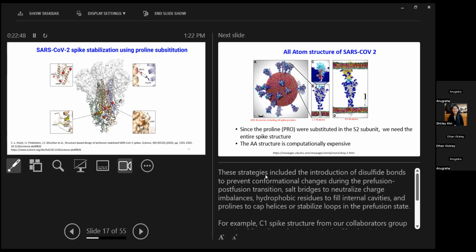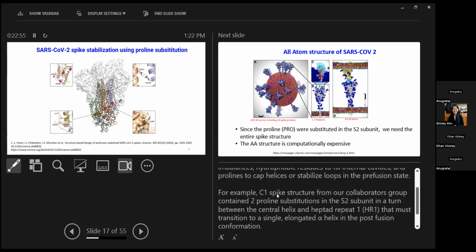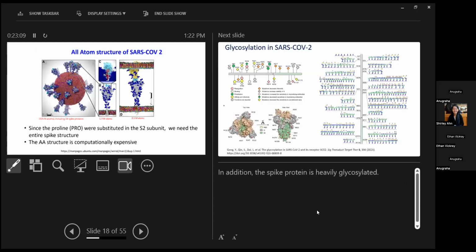Prolines in general stabilize the protein structure. It's exactly in the S2 subunit in a turn. So proline in general stabilizes the prefusion form of the protein.